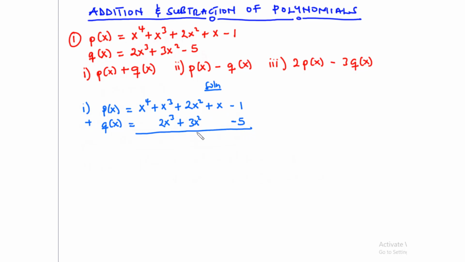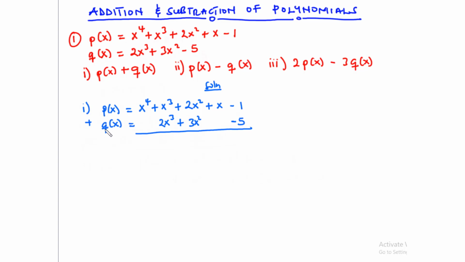Now this arrangement is done so that we can easily compare corresponding terms with the same powers. You realize that q of x has no x exponent 4 and x term. That is why we have this empty space here.